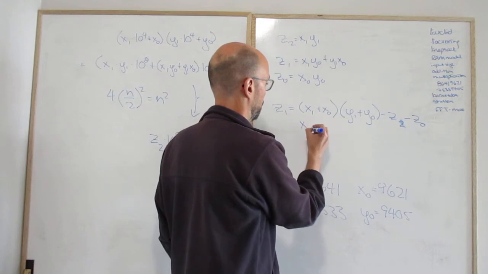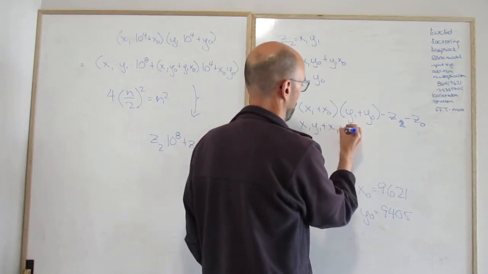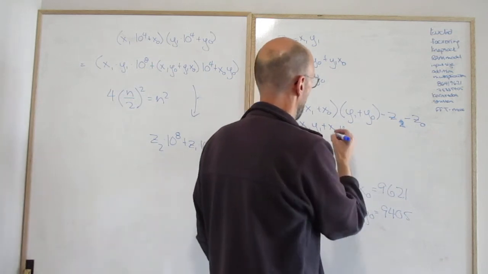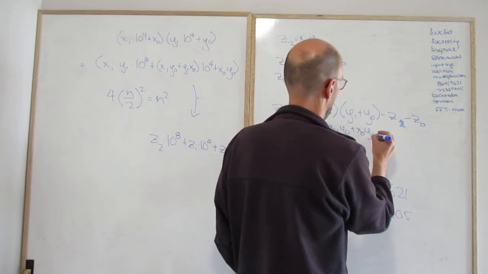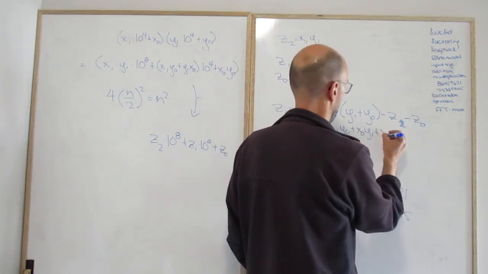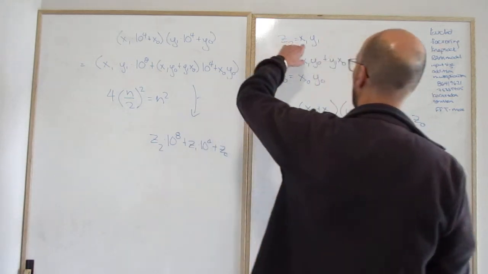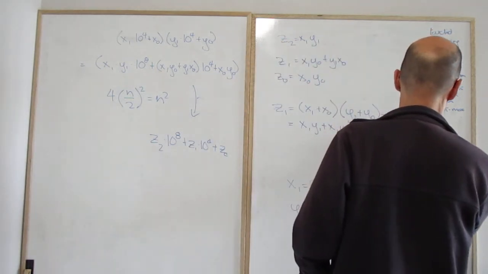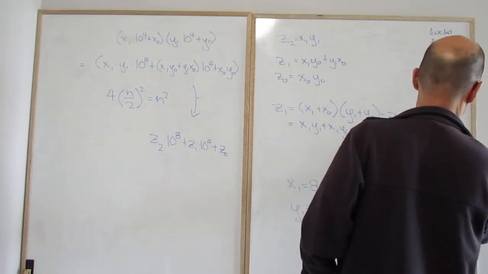It's x1 y1 plus x1 y0 plus x0 y1 plus x0 y0 minus, remember, z2 is x1 y1, minus z0, which is x0 y0.